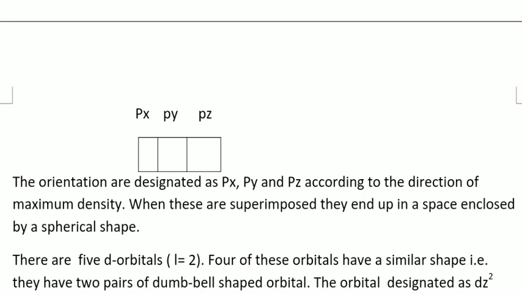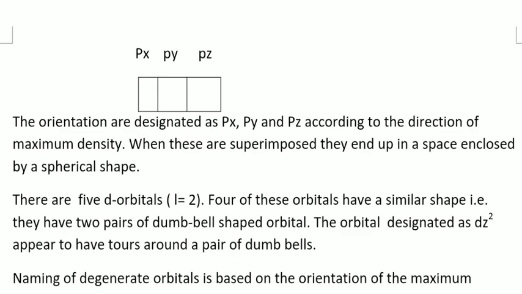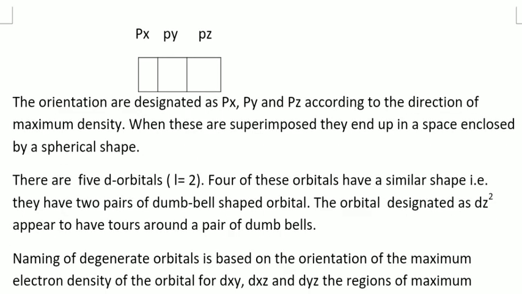When these are superimposed, they end up in a space enclosed by a spherical shape. So all these p orbitals have a dumbbell shape, but when they are arranged together, they end up in a shape which is spherical.